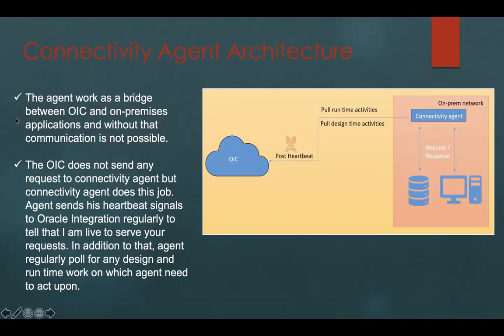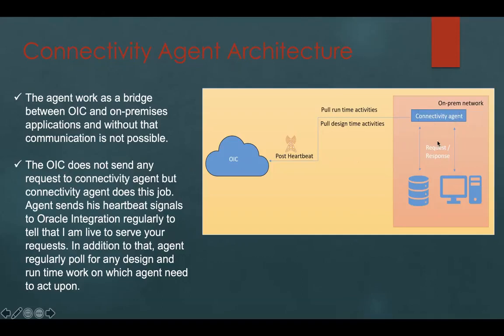Okay, fine. Thank you. So here you see the agent works as a bridge between your OIC and the on-premise application, and without that, communication is not possible. And how does the connectivity agent connect with OIC? The OIC does not send any request to the connectivity agent.